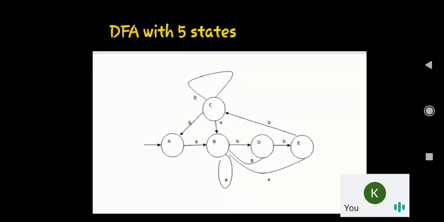For explanation purposes I have explained all these states and their incoming and outgoing labels, but here you have to concentrate on only two states, the state A and state C.